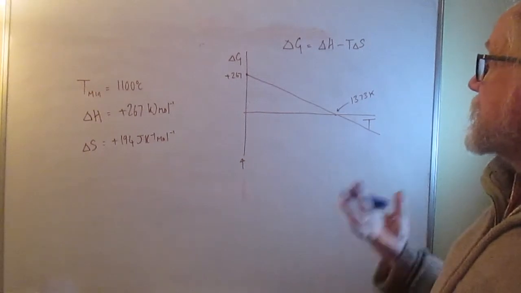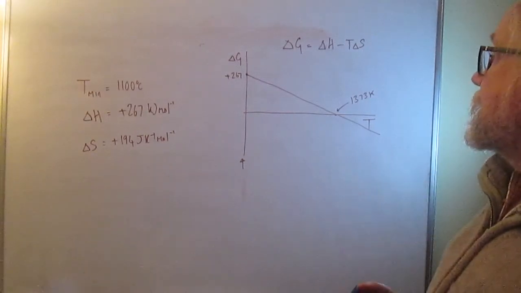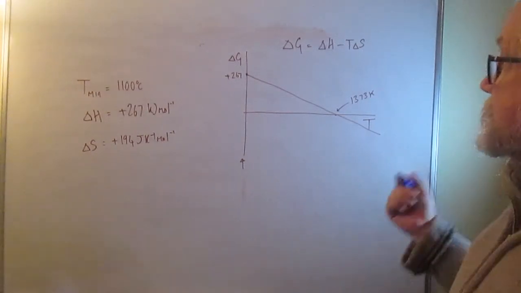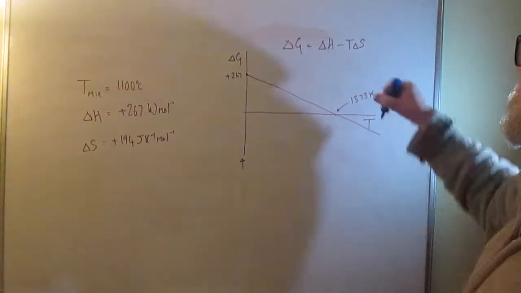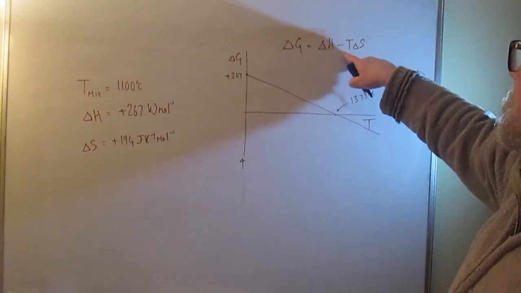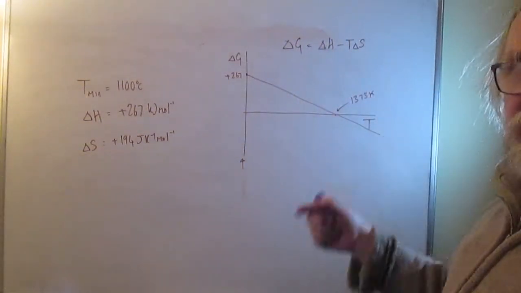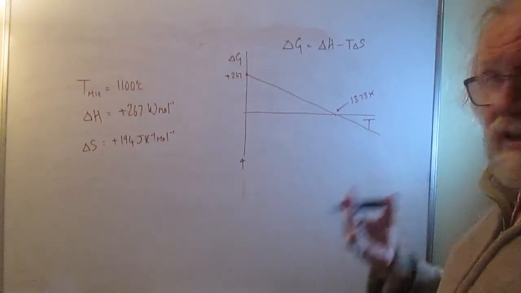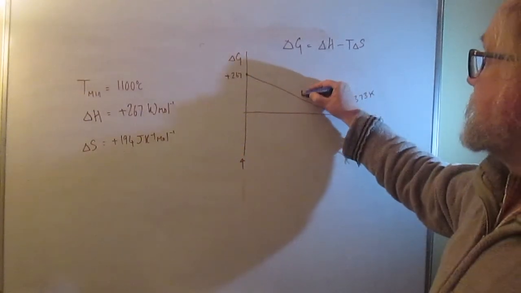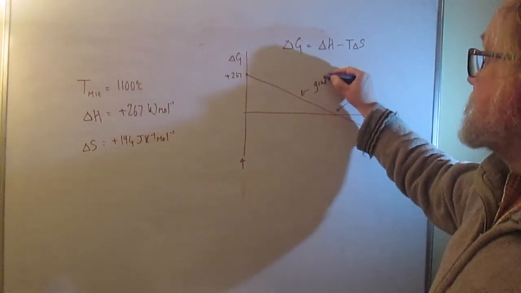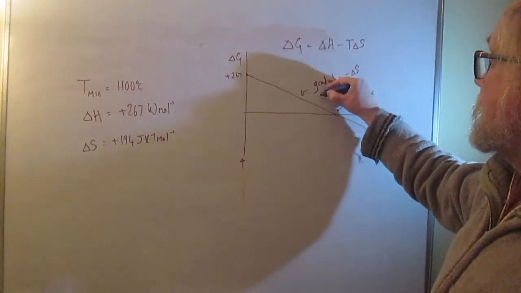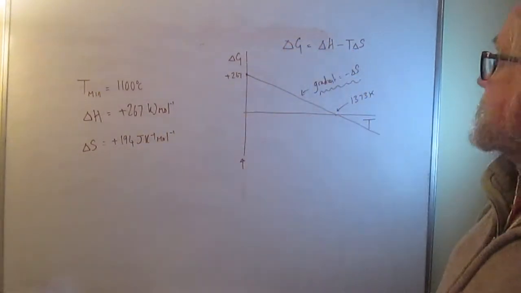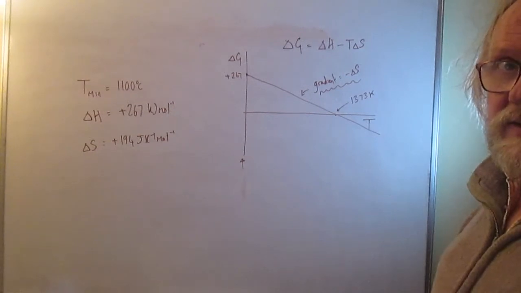Okay, so make sure that you know how to deal with graphs like that. The other thing that's interesting about that line, which didn't matter for this question, but which is worth remembering, is that you can see from this, by comparing it with a sort of y equals mx plus c equation for a straight line, that the gradient is equal to minus delta S. And it's just worth being aware of that, because in some questions that can be very useful.